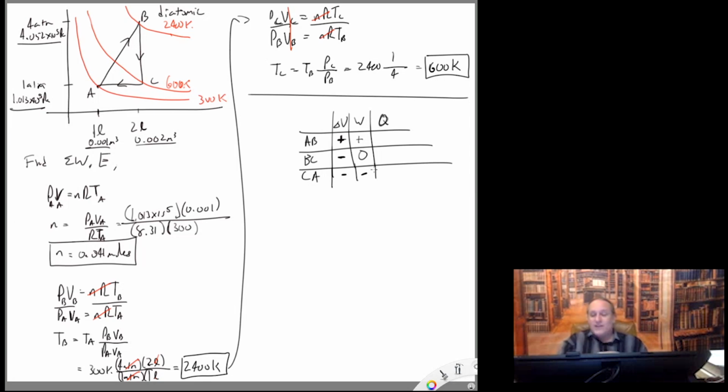And so we can find the sign of Q by just adding the signs of delta U and W. So when I add two positive numbers, I get a positive number. And when I add a negative number and 0, I get a negative number. And two negatives make a... I want to hear it.